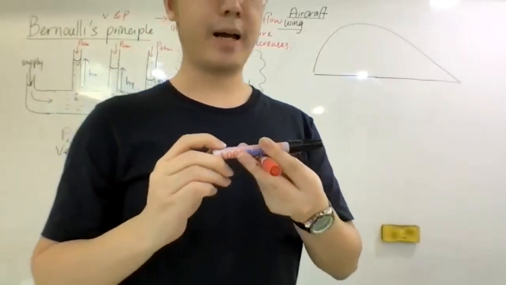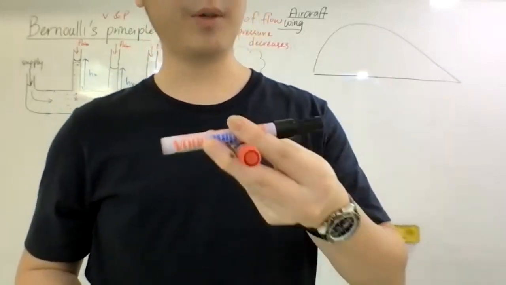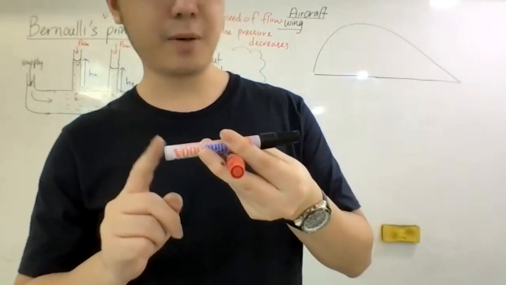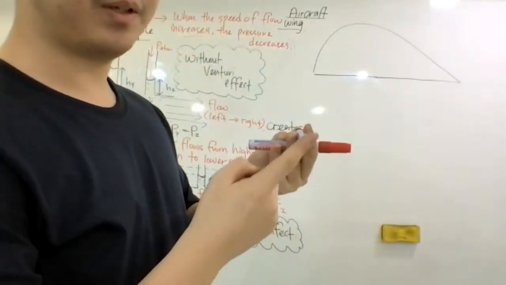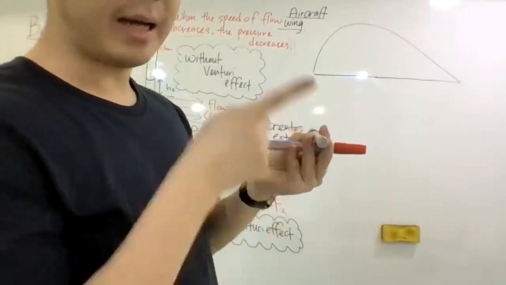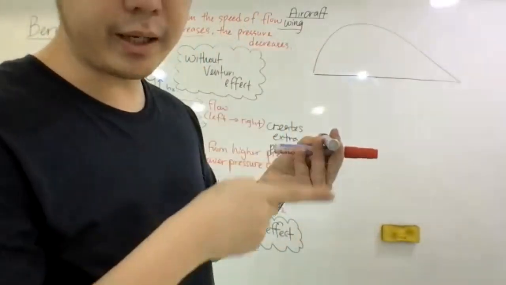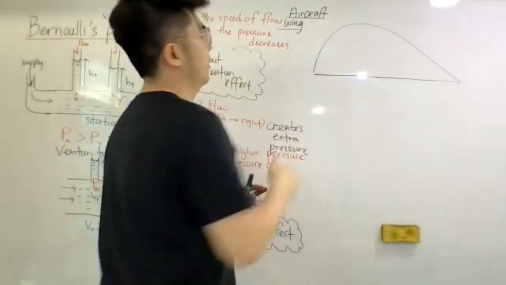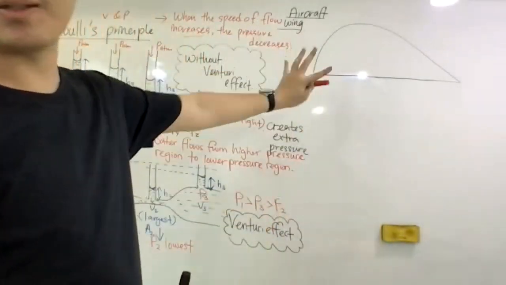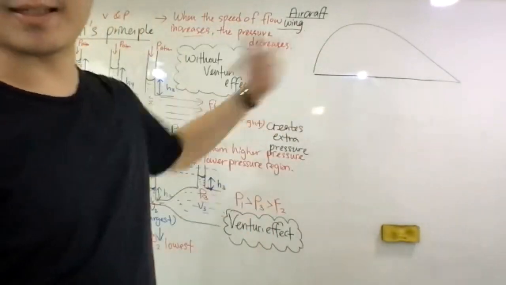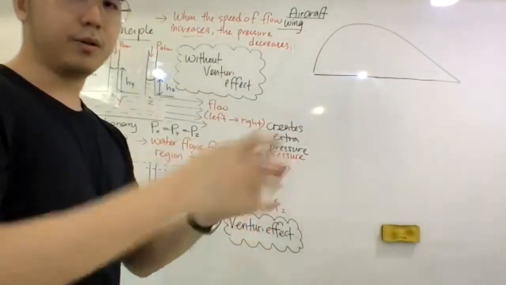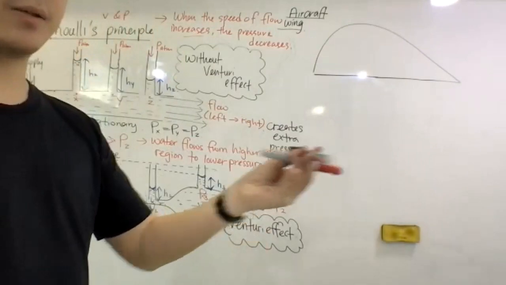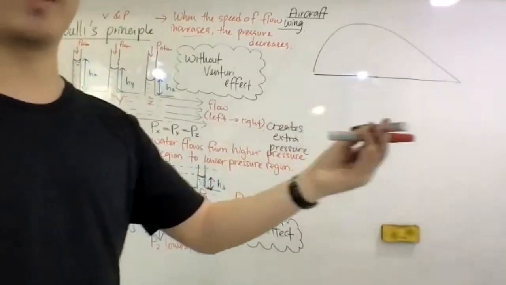So the aircraft goes like this towards you. And if I see the wing from the side, like I cut the wing, and then I see from the side, this is what I see. That diagram on the board. So this is the side of the wing.